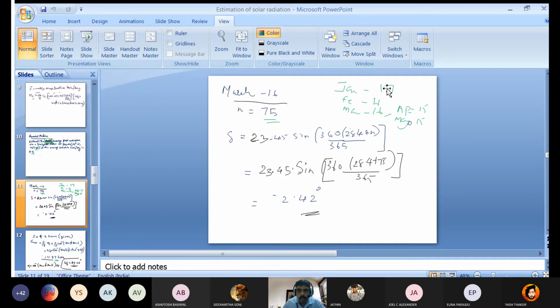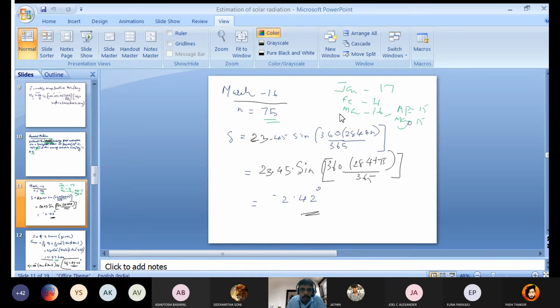If it is January, January 17; February, February 16; March 16; April, April 15; May, May 15. So around the middle, 15, 16 like that. Towards December, I think December 10 is taken. This is the optimum day which we should consider for getting the most accurate answer. These are our correlations, so we will not get the exact answer, but we will try to get the maximum accurate answer. For that, these are all the recommended days.